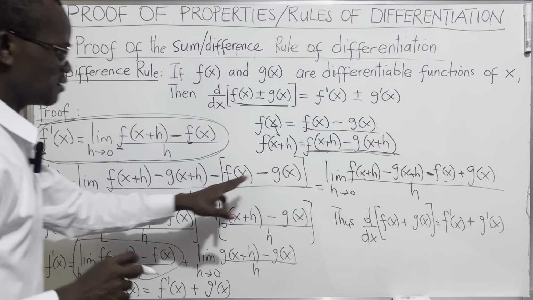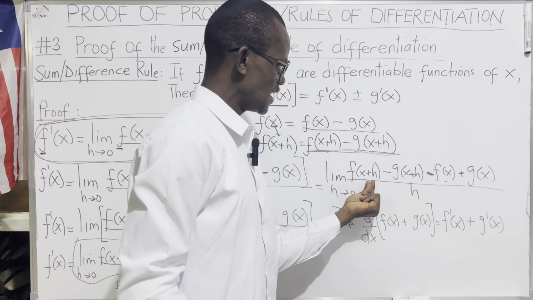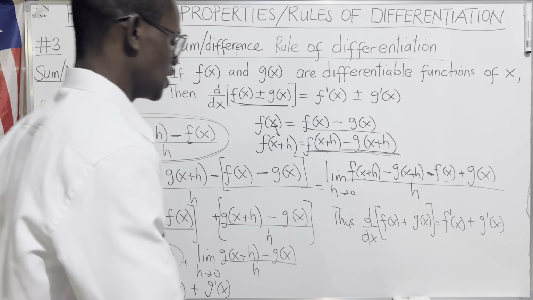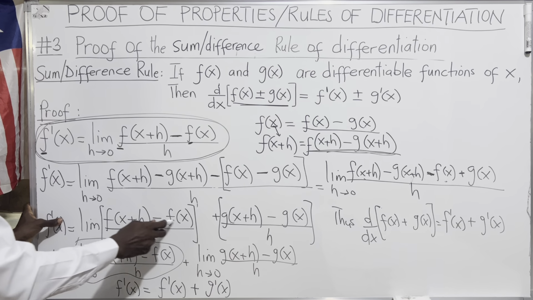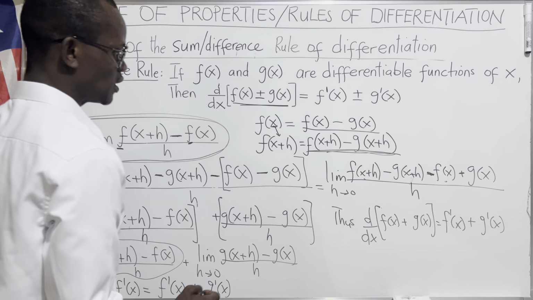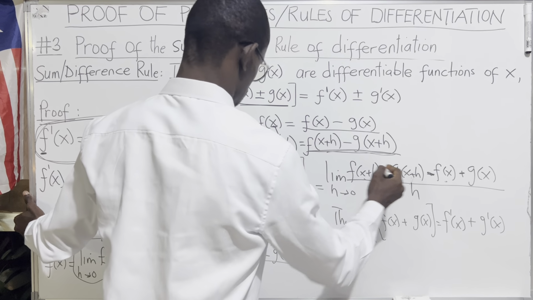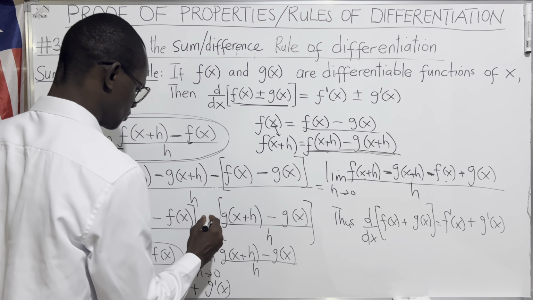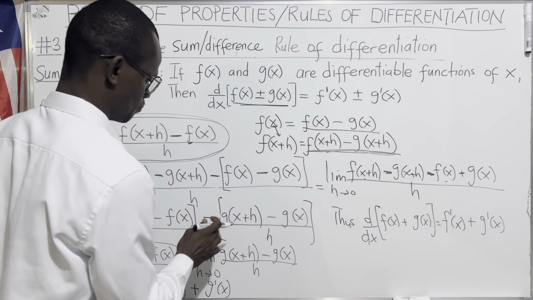So we can pair the first and the third, being paired right here like this. Then we have the second term, which is negative right here, right?